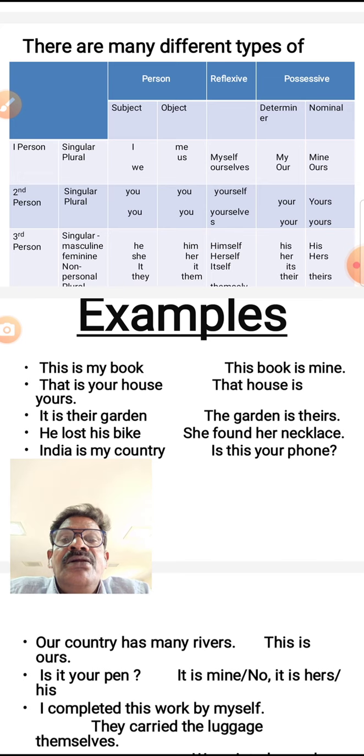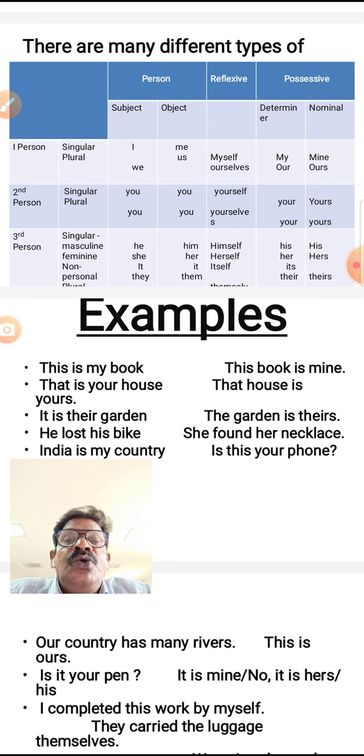And plural, their. And now let us come to the last column, that is nominal. For first person singular, mine. For plural, ours. Second person singular, yours.